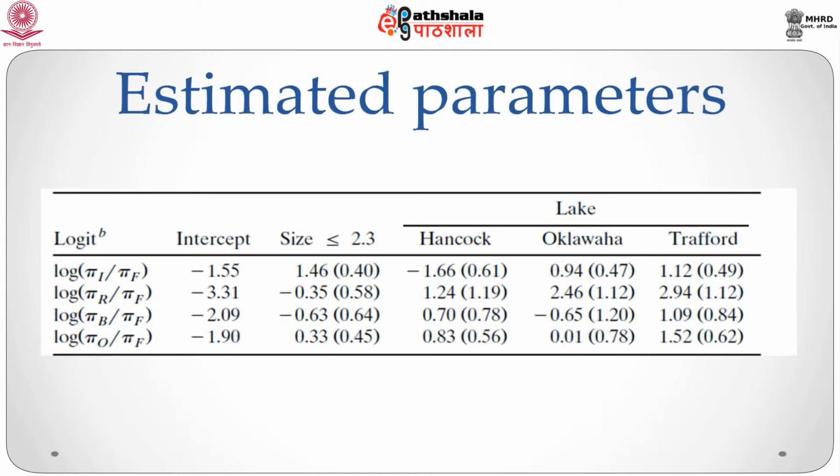On this slide, we can see the estimated parameters in the logit model for alligator food choices based on dummy variables for the first size and for each of the lakes excepting Lake George.